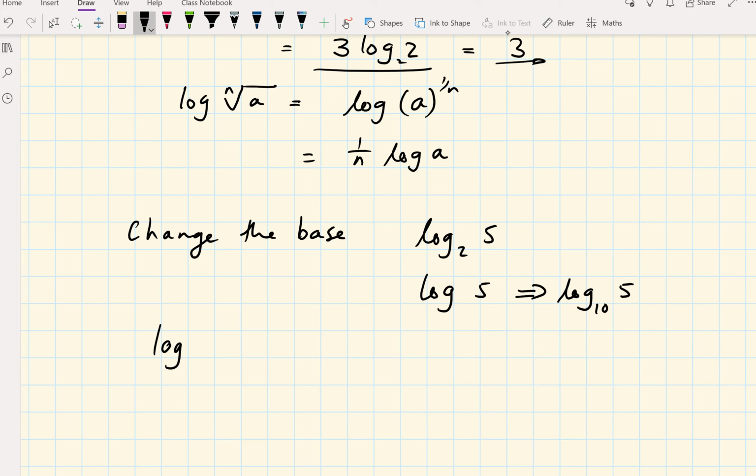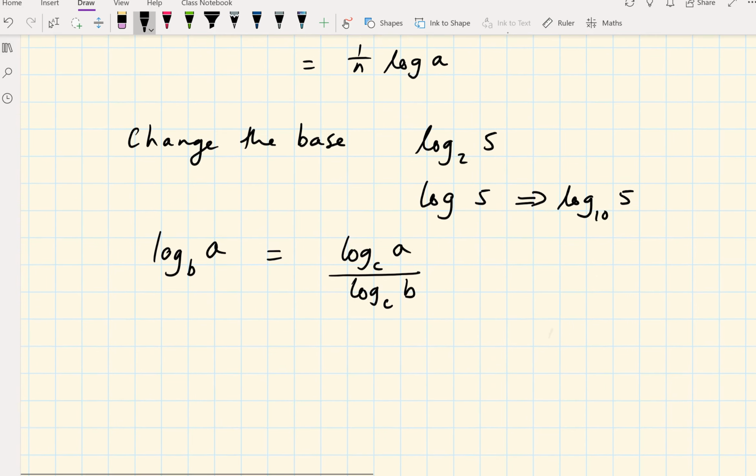So if I've got log to the base b of the letter a, then I can change this to being log to some other base. I'm going to call it c. It's going to be log to the base c of a divided by log to the base c of b.